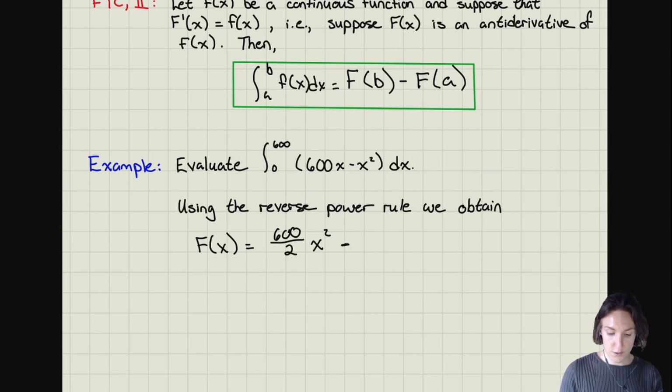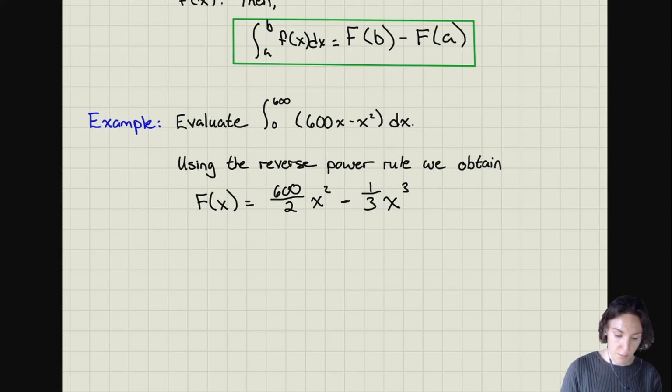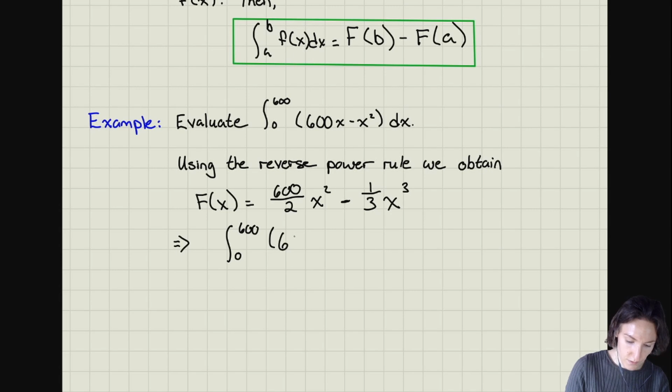And then for my next one, add 1 in the exponent will give me 3, 1 over that new exponent. So I'm going to put this into the integral from 0 to 600 for 600x minus x squared dx.